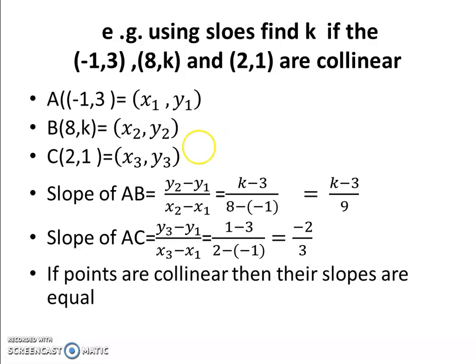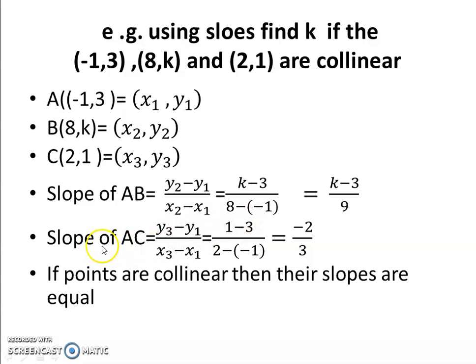Let us take slope AB equal to y2 minus y1 upon x2 minus x1. What is y2? Yes, k minus 3, then 8 minus of minus 1, so k minus 3 upon 9.